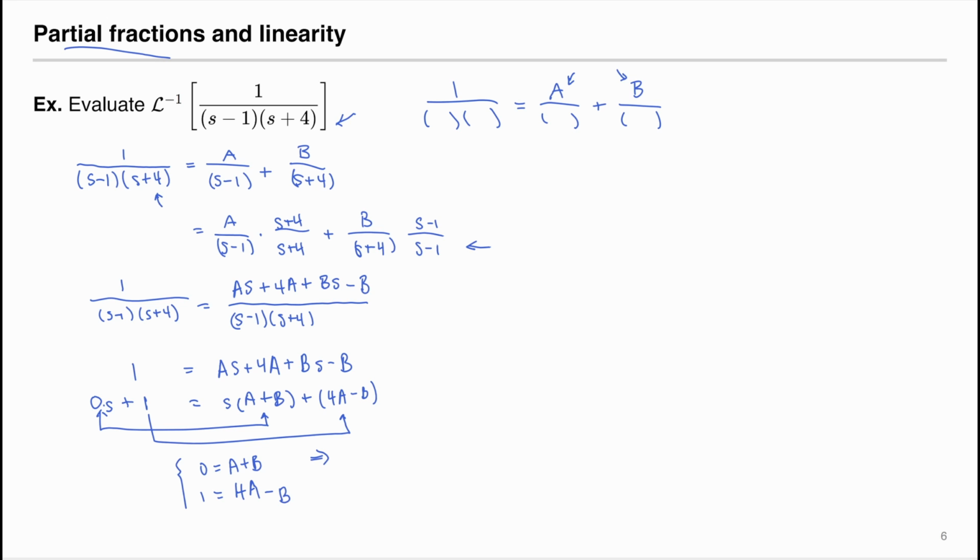And the first equation can be written as a equals to minus b. Substitute to the second equation, and 1 equals to negative 4b minus b. 1 equals to negative 5b.